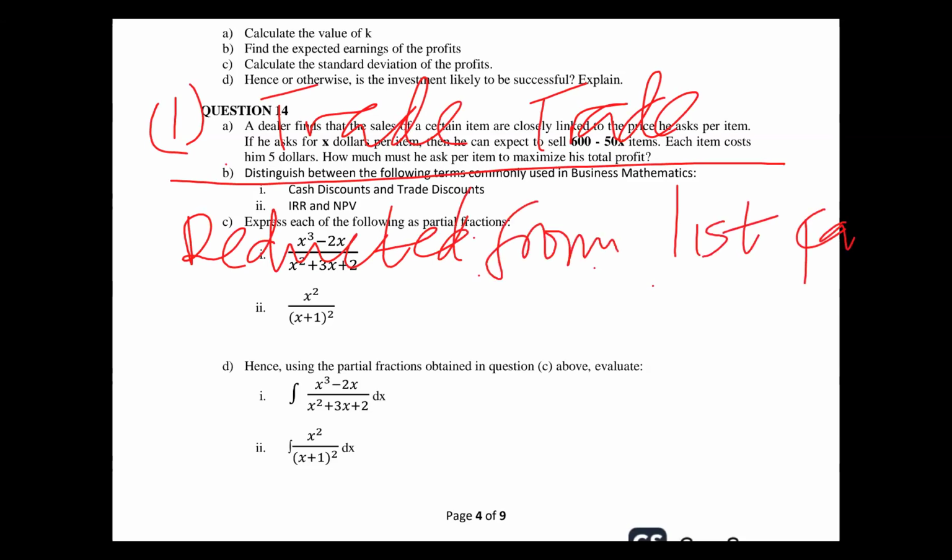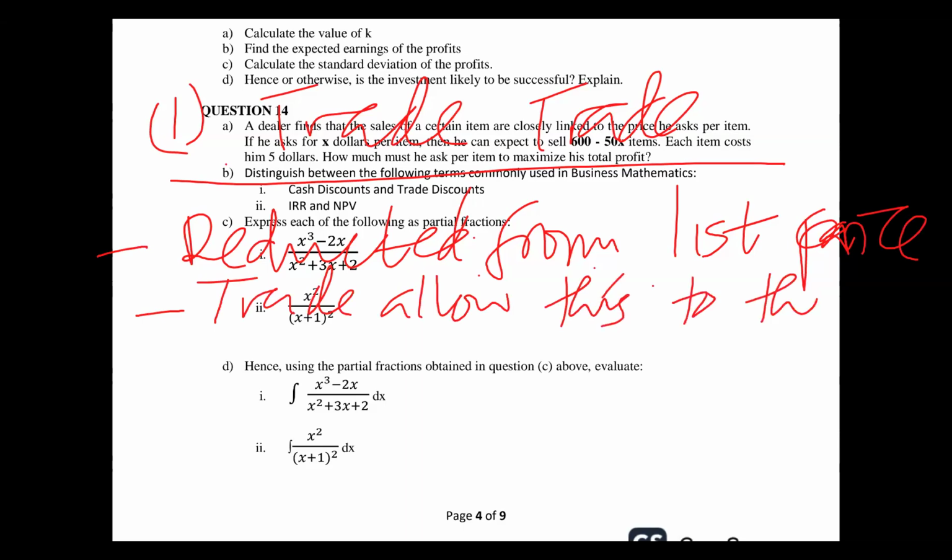The trader is allowing this discount to the customer. That's trade discount before payments. That's a key word: before payment. I'll explain that.